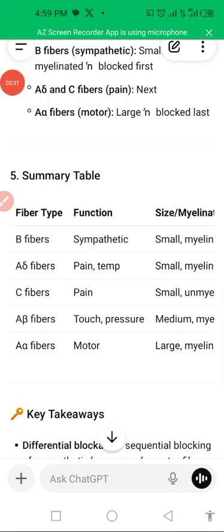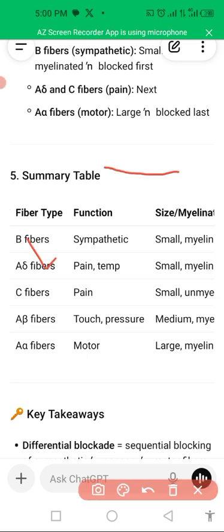While injecting a spinal anesthetic agent, different fibers are blocked, as given in the table. B fibers are sympathetic fibers. They are small myelinated fibers. They are blocked for sympathetic blockade. A delta fibers are for pain and temperature. These are small myelinated fibers. And C fibers are for pain.